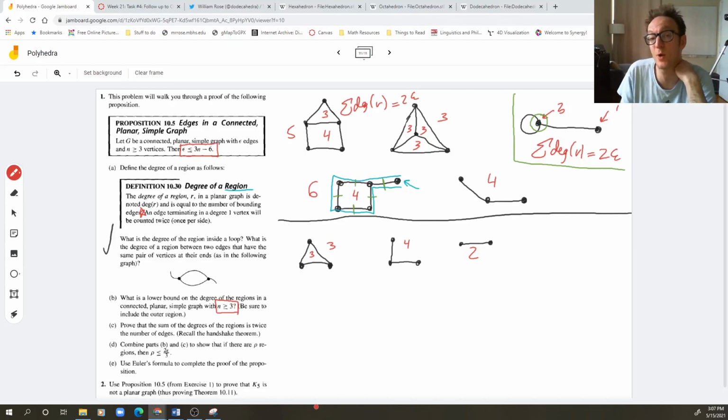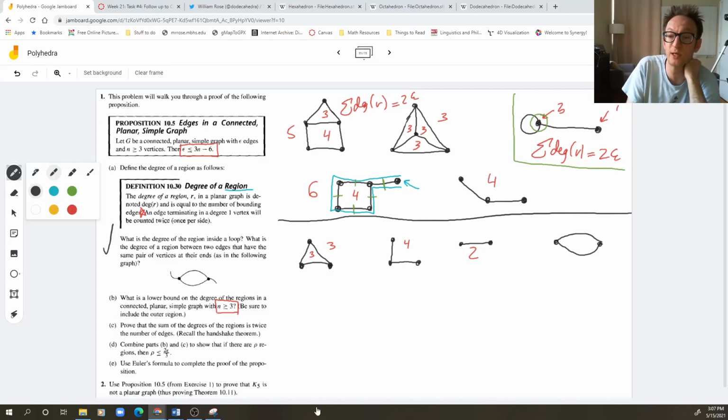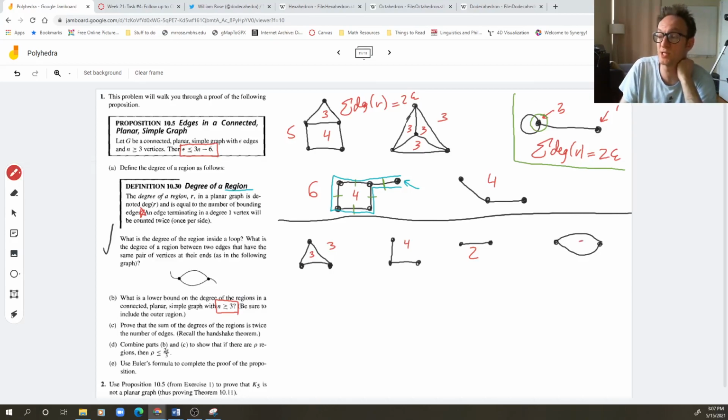All right, is there any other way to have a region of degree 2? Well, a classic situation of a region with degree 2 would be this one. In fact, this region has degree 2 and this outer region has degree 2 also. Notice that this graph satisfies the handshake lemma. But this is not simple because we have 2 edges connecting this vertex.